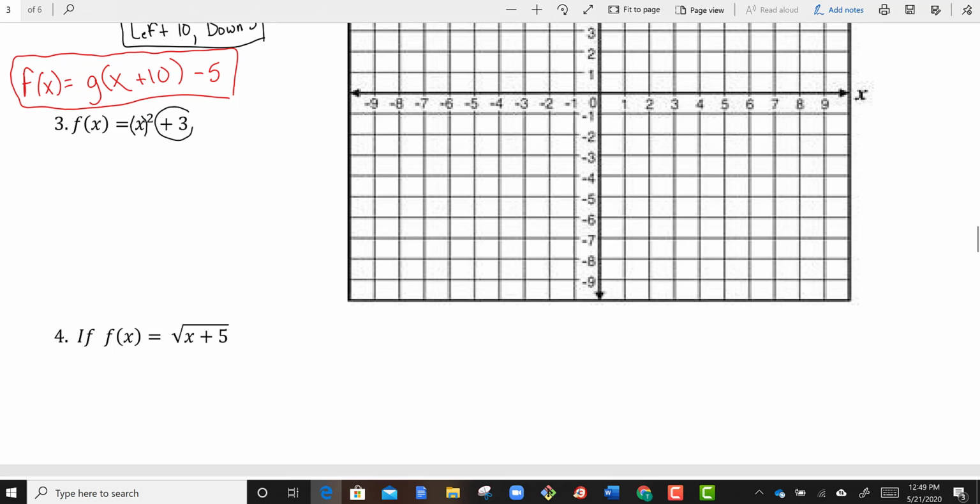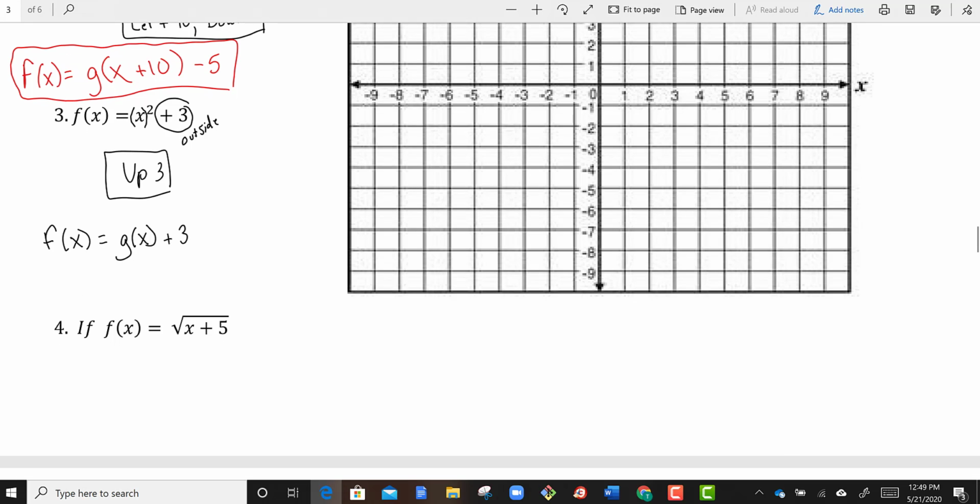So this +3 is on the outside. So since it's on the outside, it's a vertical shift, and it's just going to shift us up 3. So the new function is just taking the parent function, which is g, and adding 3 to all of its y values.